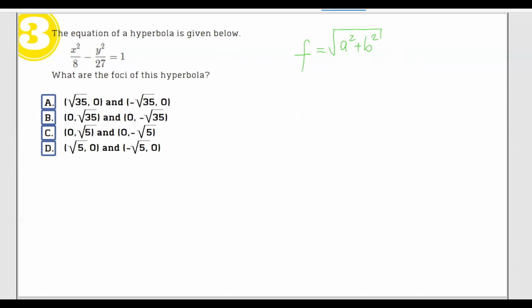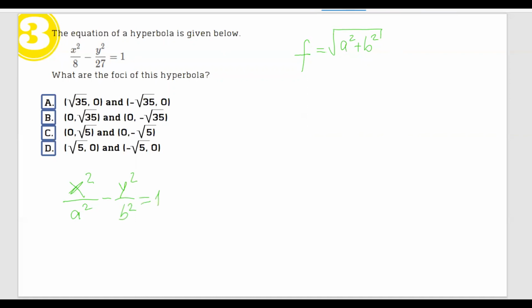Based on the equation given here, we know that the equation of a hyperbola is x squared over a squared minus y squared over b squared equals 1. So in this case, a squared equals 8. That means that a is going to be equal to the square root of 8.